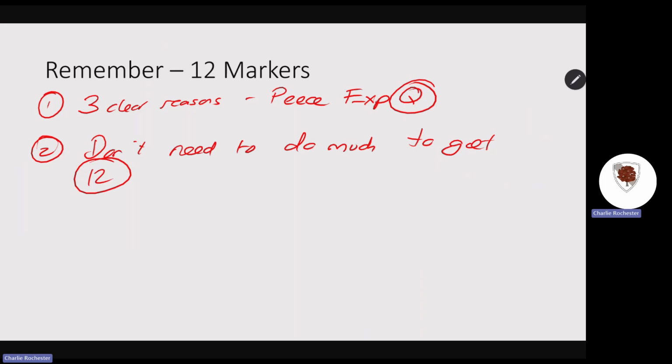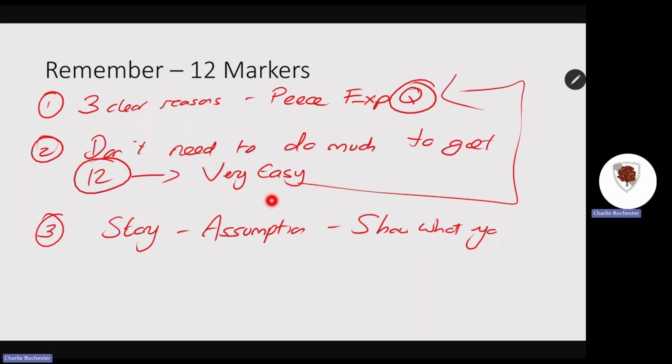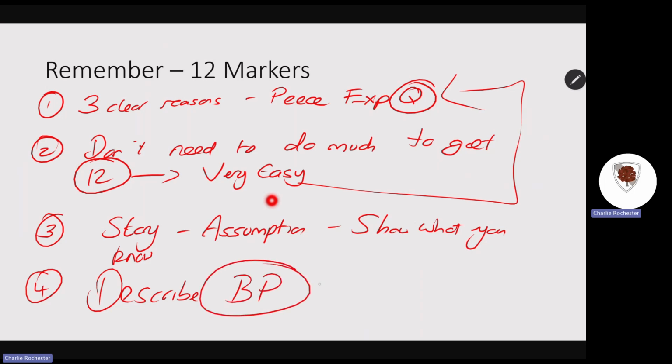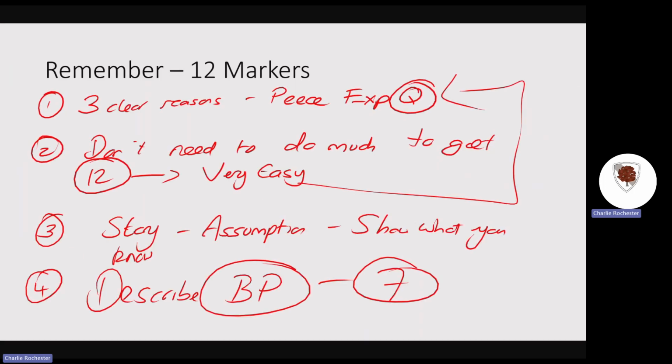Someone who has marked previously, it's very easy to get 12 as long as you stick to the structure. 3, don't make an assumption on the story. Show what you know. And fourthly, if you're panicking, describe the bullet points. That can still get you 7 out of 12. And I think that's really important you understand that, because that is absolutely vital to you achieving those marks to get you to the next stage.